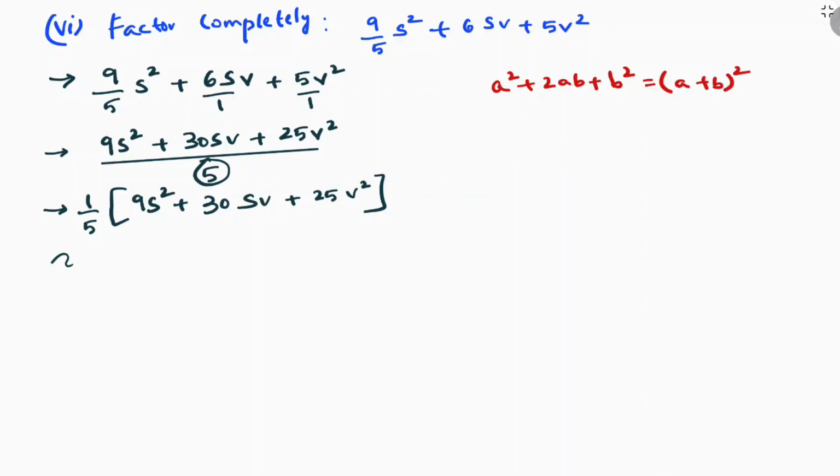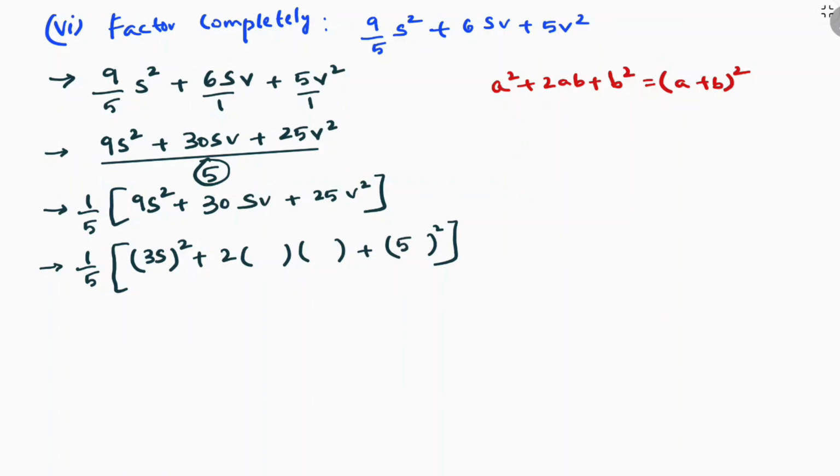So here 1 by 5, first I'll write a square plus 2ab plus b square. So 9s square I can write as 3s whole square. 25v square I can write as 5v whole square. Now this 3s will be a, 5v will be b.